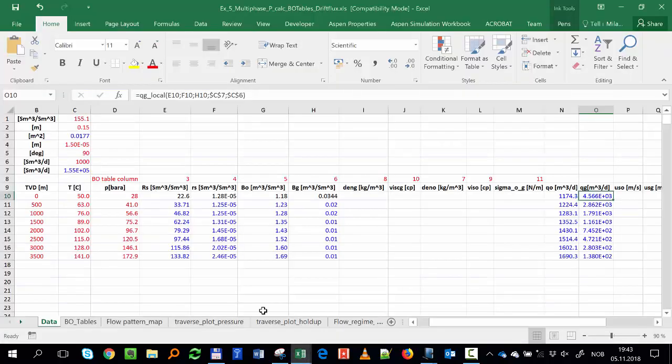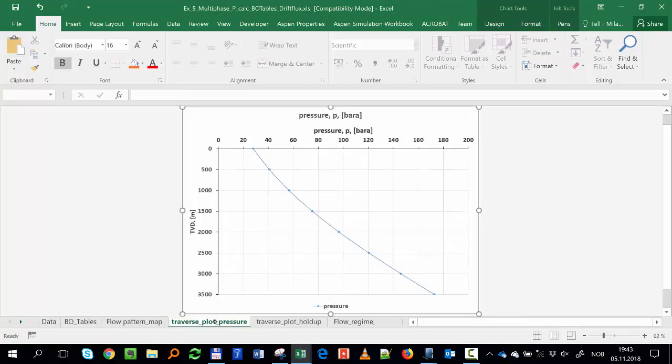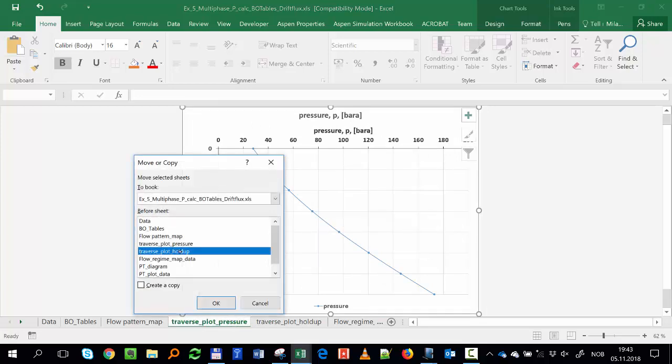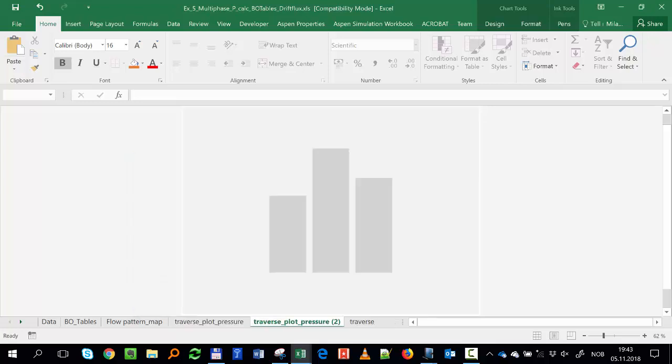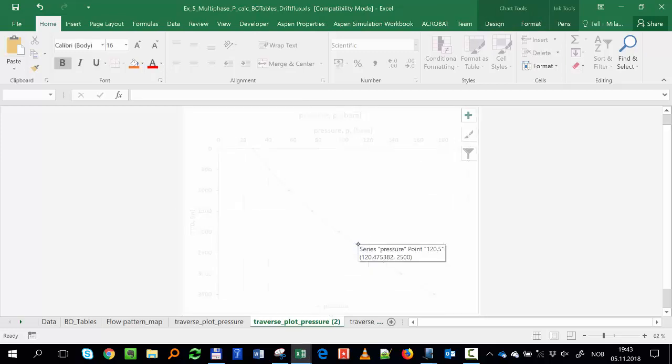I suggest we make a plot of these rates with pressure, or we can plot them with depth. Actually, I think that would be better. Just to see how it looks.